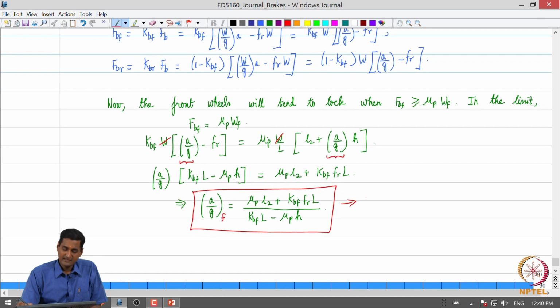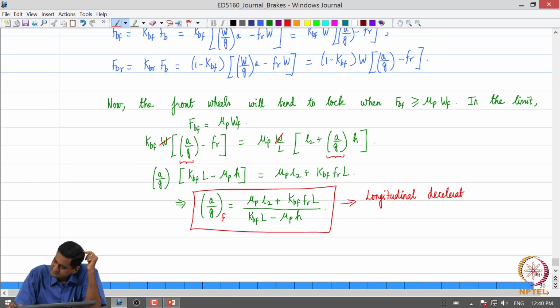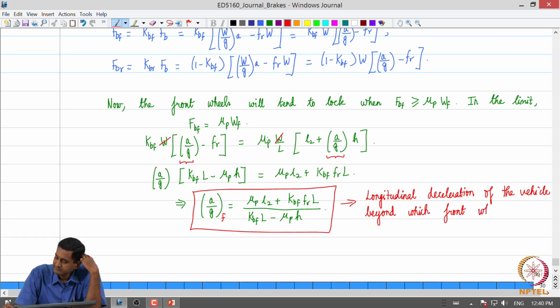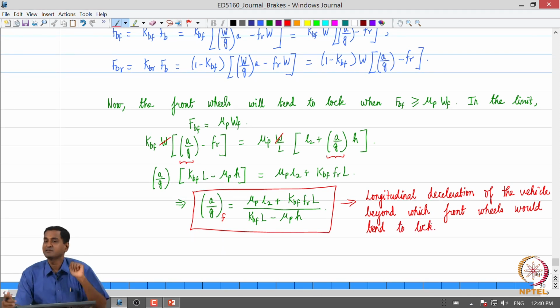It is the limiting longitudinal deceleration of the vehicle, beyond which front wheels would tend to lock.